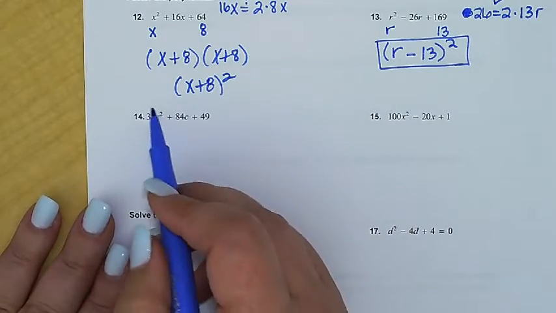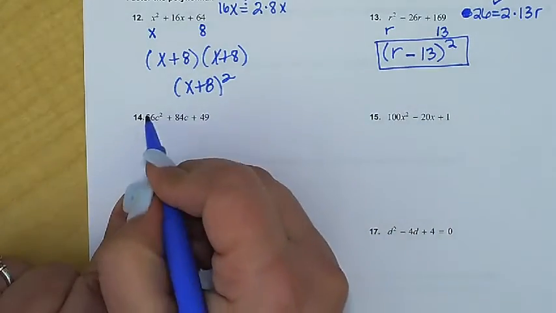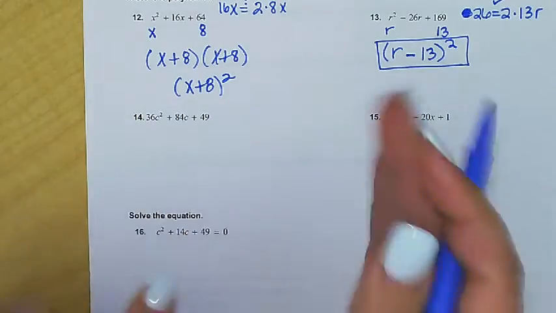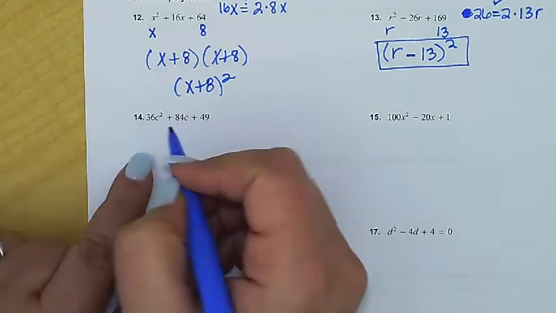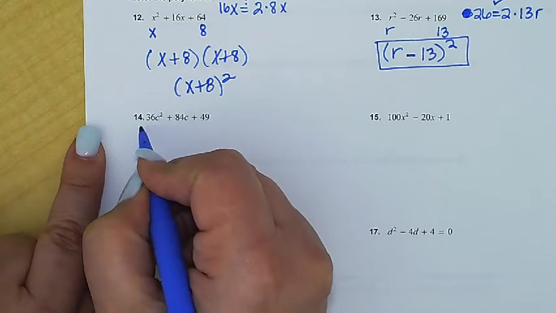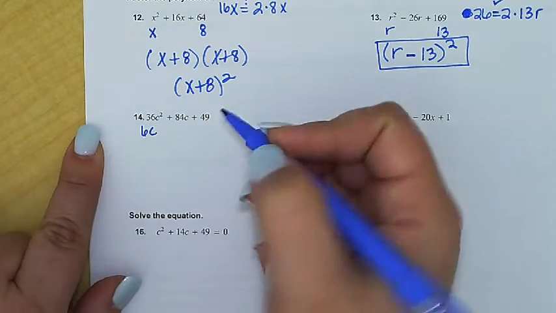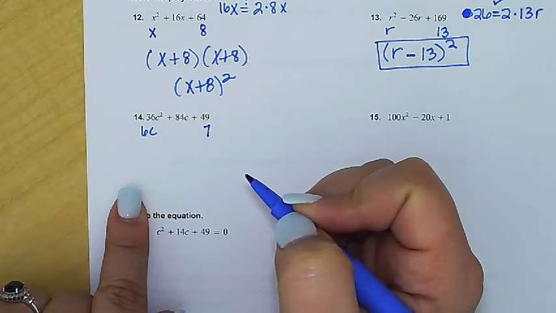But if your antenna starts to go, wait a minute, that's a perfect square and that's a perfect square, let me see if I can save myself some time here, then let's try it. The square root of 36c squared is just 6c. The square root of 49 is just 7.